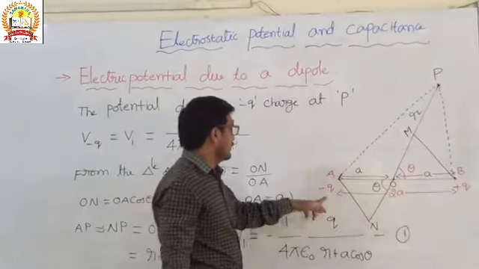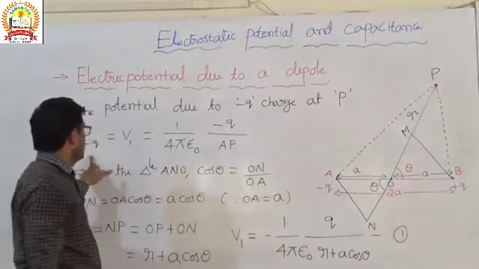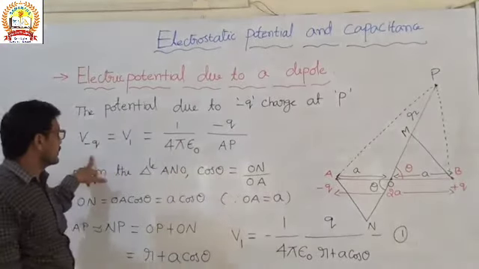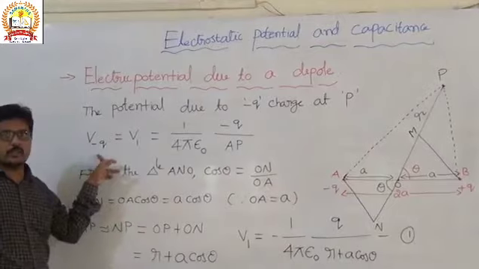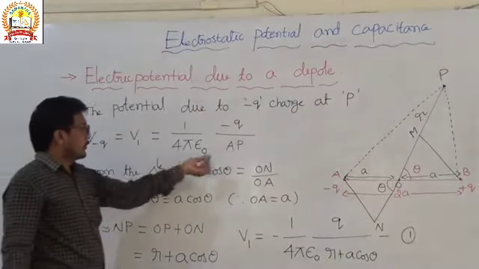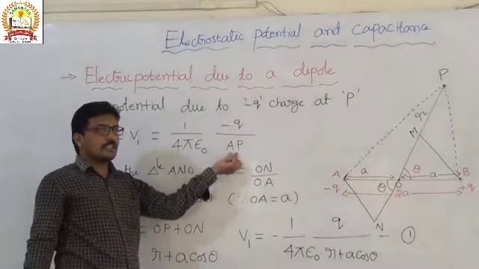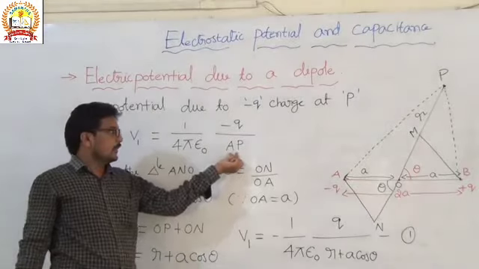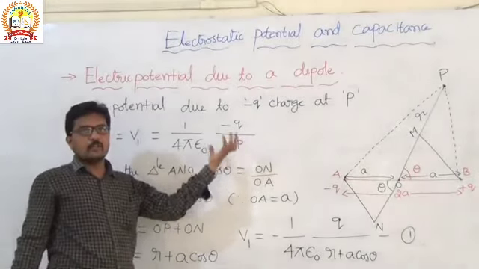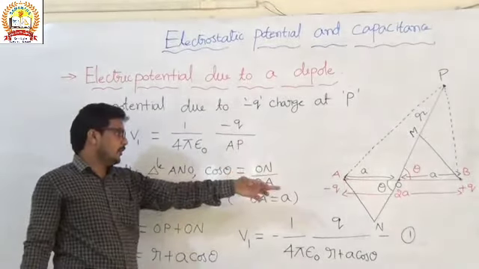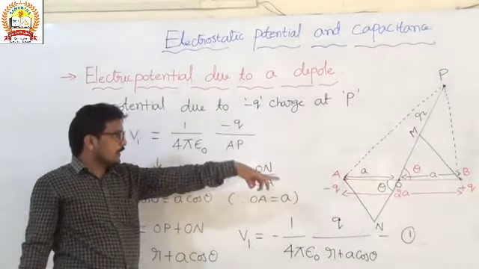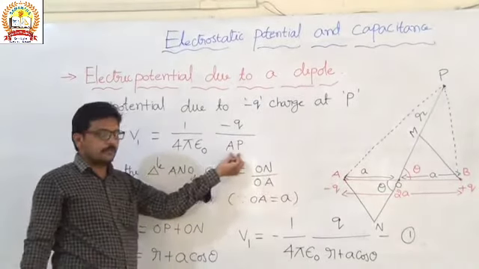Okay, and the potential due to the negative charge, using the potential due to a point charge, is 1 by 4 pi epsilon naught Q by R. Here R is the distance from the source of the electric field to the point. So from minus Q to P, that is A to P, the distance is AP.